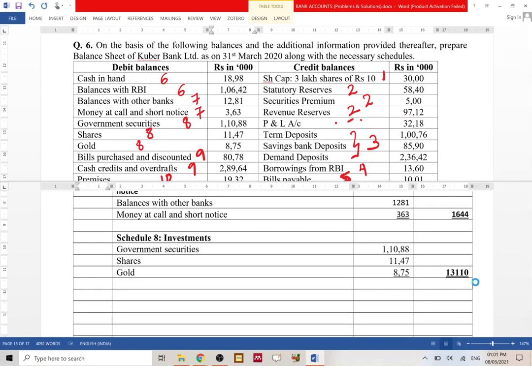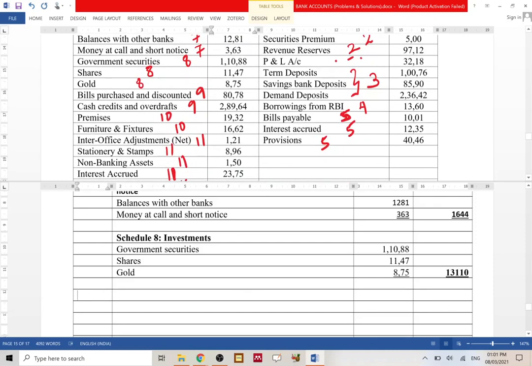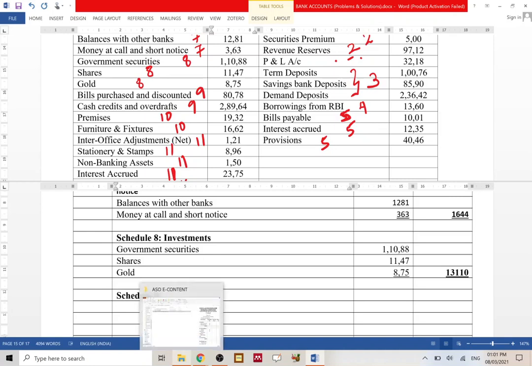Next one is schedule 9. Again we have two items under schedule 9. Schedule 9 is your advances.